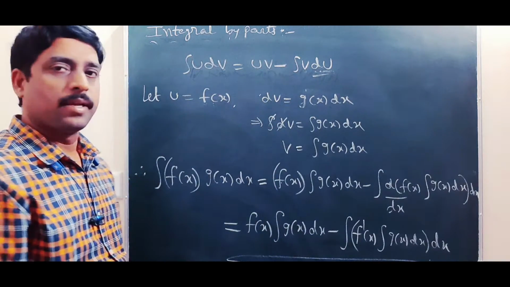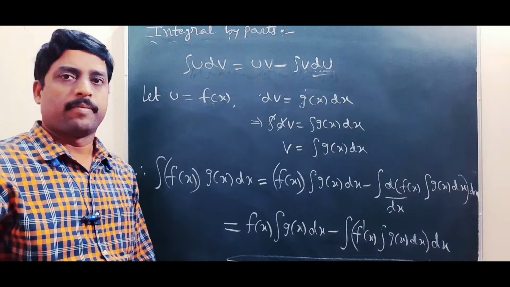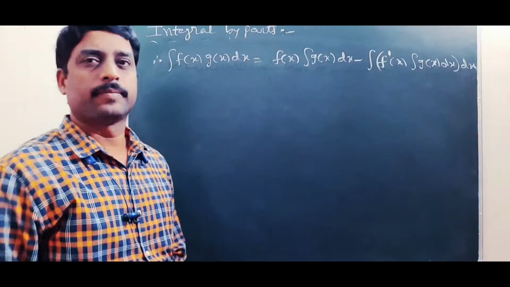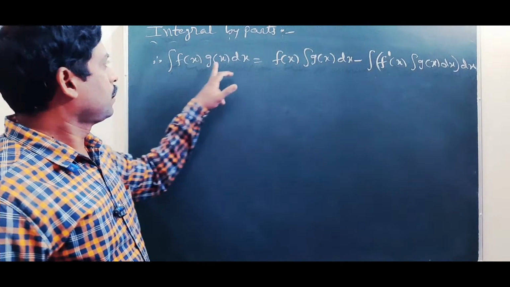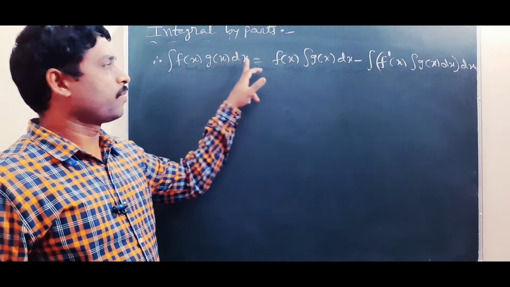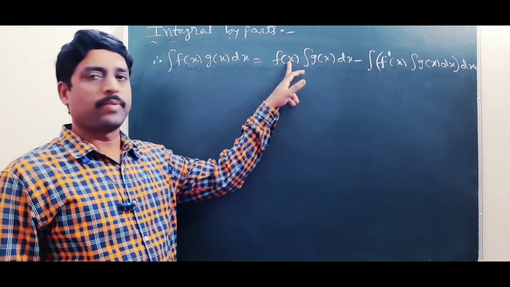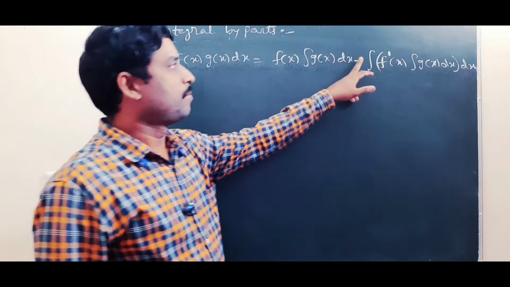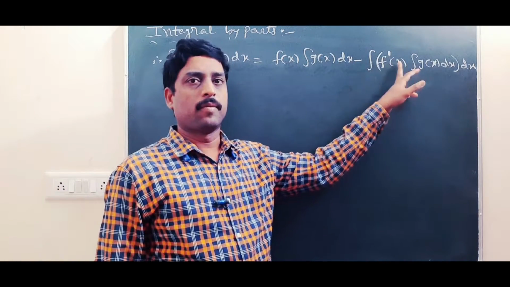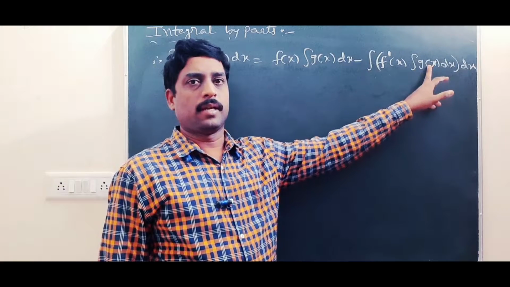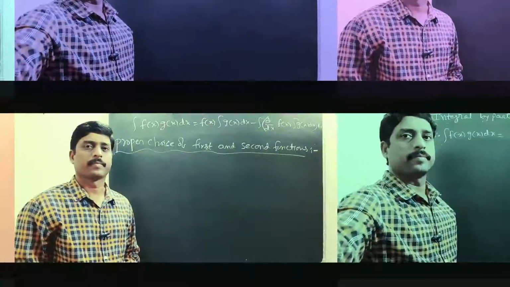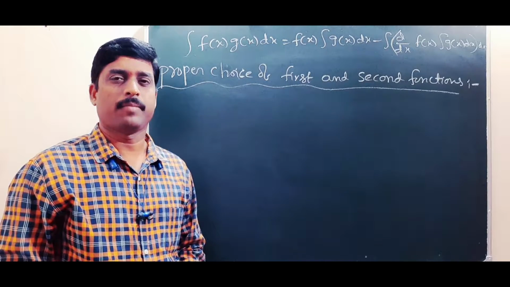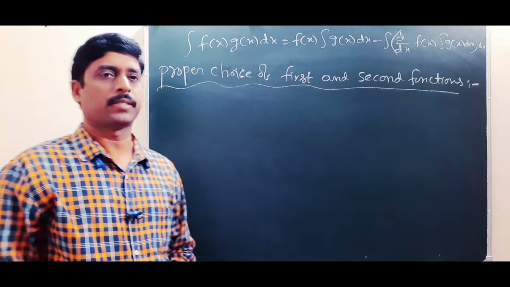Now we have this: integral f of x g of x dx equals first function into integral of second function, minus integration of first function's derivative into integral of second function. Now let me explain the proper choice of first and second functions.